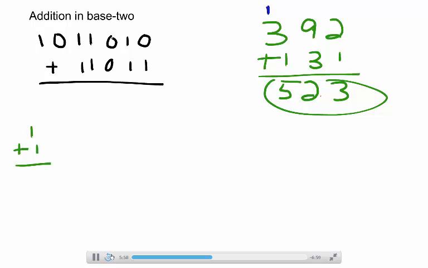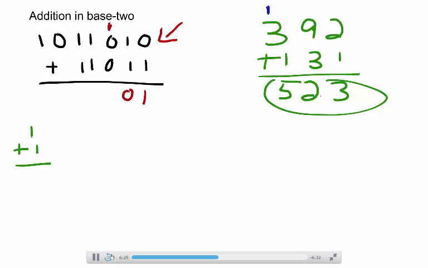For example, 0 plus 1 is 1. Now 1 plus 1 is 2, but since we're working in base 2, our only allowable digits are 0 and 1. We carry the group of 2 as a 1, and we have 0 left over.